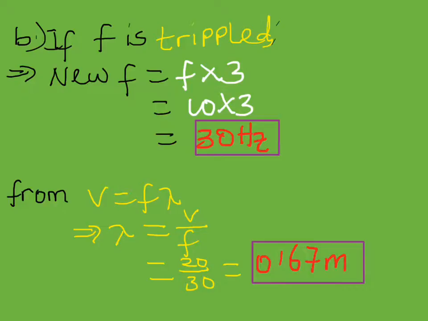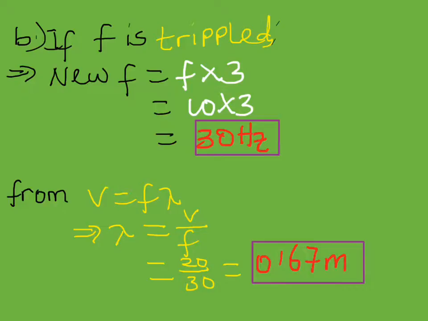You can see that as the frequency has been increased, that is tripled, the wavelength has been reduced. This is to say, frequency and wavelength are inversely proportional.